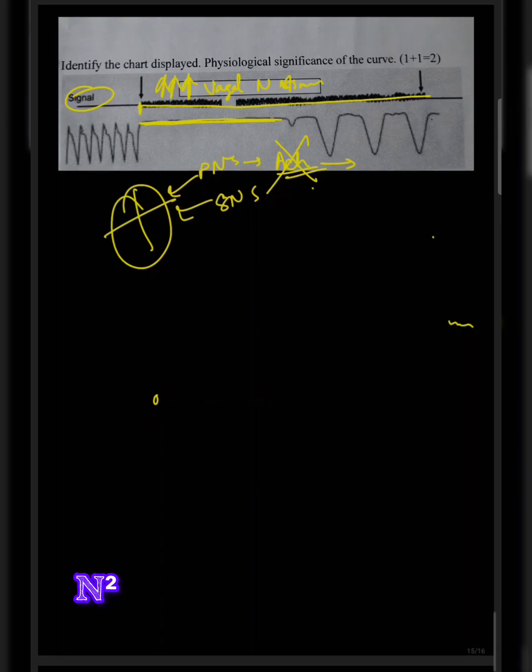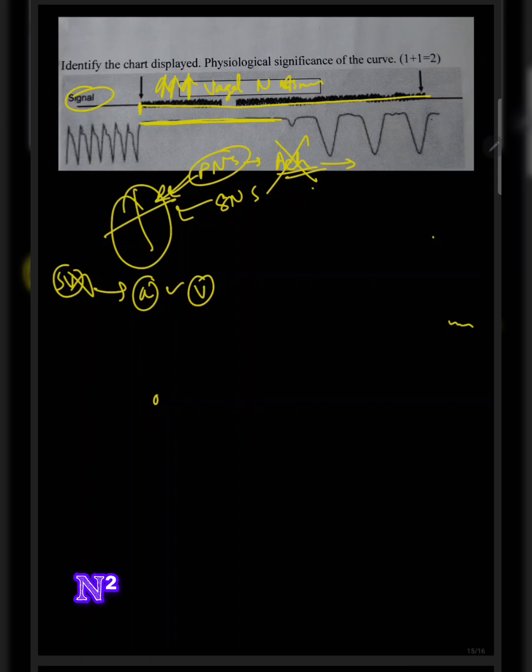Along with that, the parasympathetic is actually inhibiting the pacemaker cells. But I've told you, when the pacemaker cells are inhibited, the next line of pacemaker cells, that is the atria or the ventricles, will come into play.